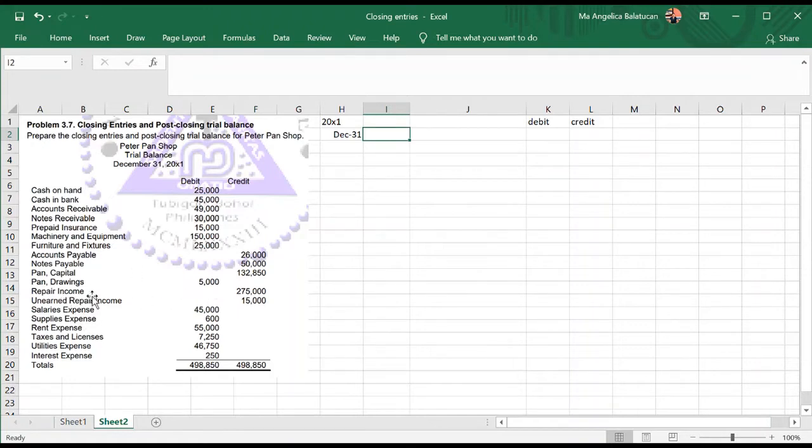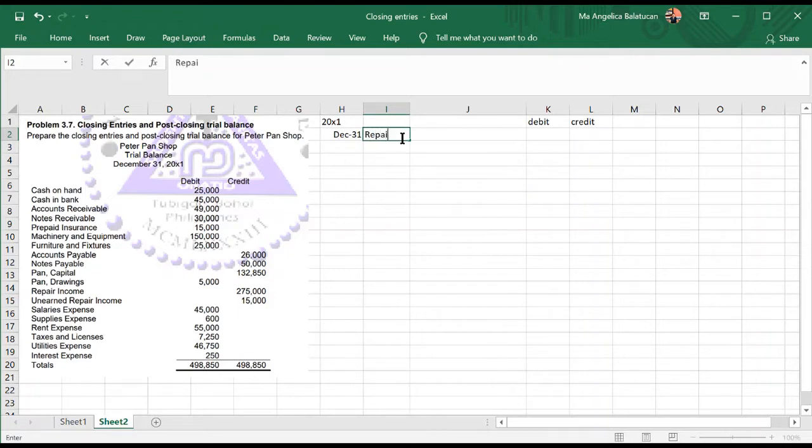We have two here, repair income and unearned repair income. But which of the two is considered an income? Only the repair income. Although the unearned repair income is below the repair income, it's not considered an income. So only the repair income.